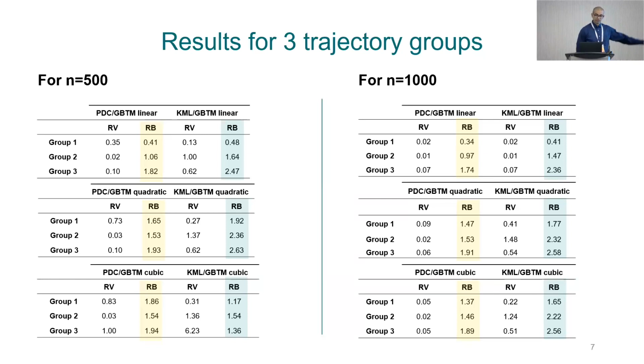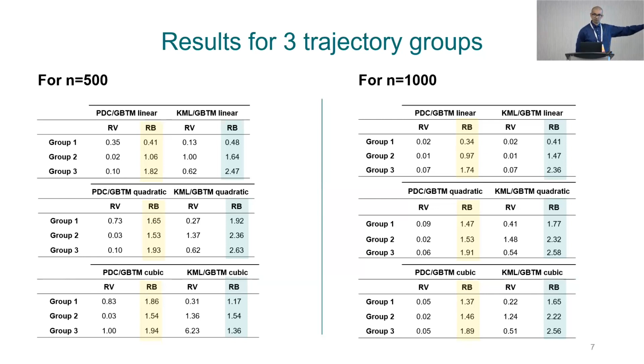So just going over the entire set of numbers here, the trend that we saw was that on average, we found that the GBTM actually had lower bias compared to both PDC and longitudinal k-means for both sample sizes and generally for more flexible specifications of time.